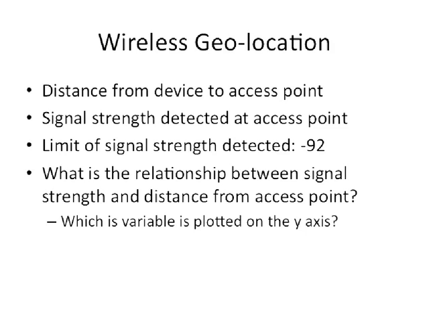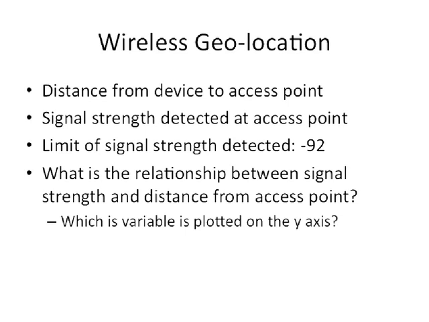Remember, they're all negative values, and the smaller the value, the weaker the signal, and minus 92 is the minimum value. And when we ask what's the relationship between signal strength and distance from the access point, which variable do we want to put on the y-axis versus the x-axis?